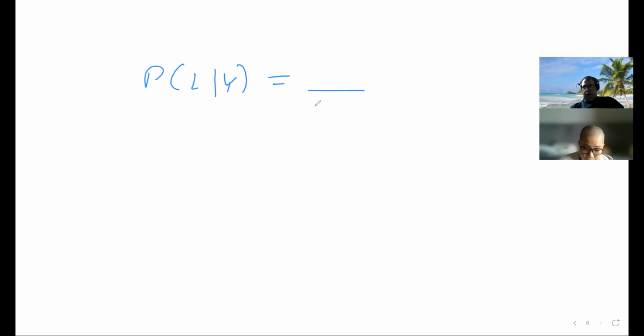So the formula will be P(Y and L) on the numerator.